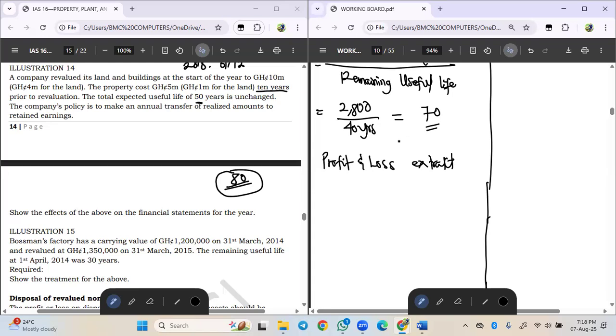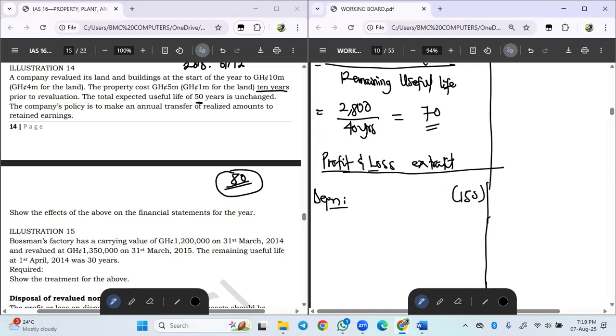Under IAS 16, whenever there is a revaluation gain, we record it under OCI, not in the P&L itself. So that one will be depreciation for that particular year. It's just 150, a negative figure.